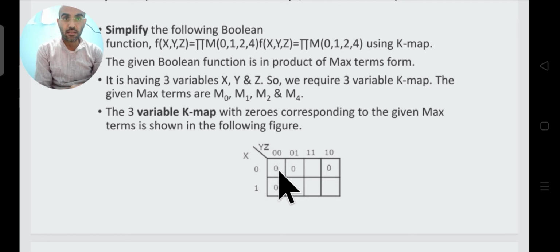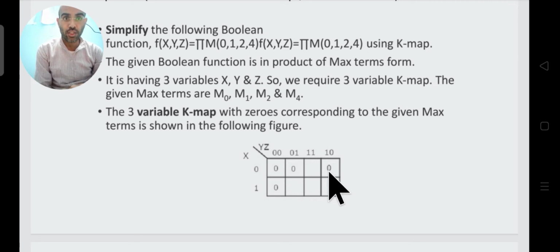You can see that although these 3 cells are adjacent to each other, this cell is adjacent to this cell but not adjacent to this one. Diagonally they are not adjacent, because there are 2 changes. X is 1 and yz are 0, 0 here, whereas in this cell x is 0 and y is 1.